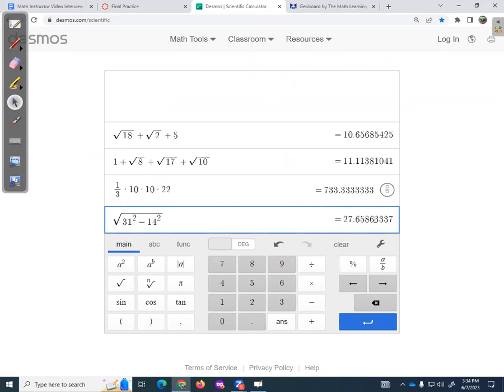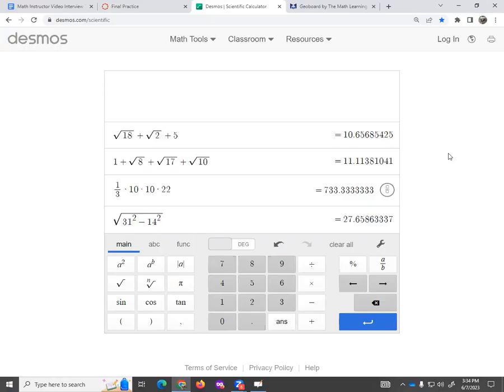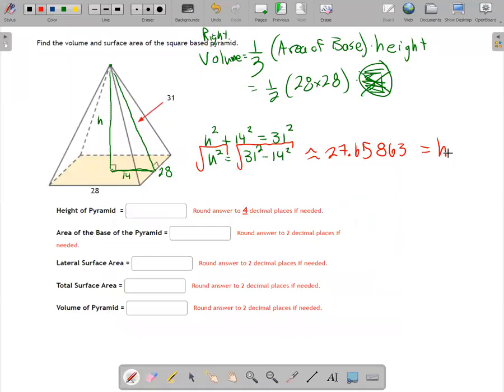I'm going to hold on to a few decimal places for now. So that is what we believe to be the height, approximately 27.65863.